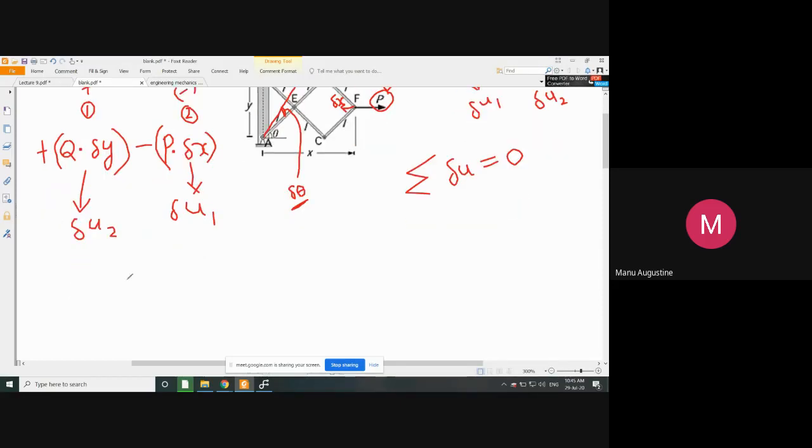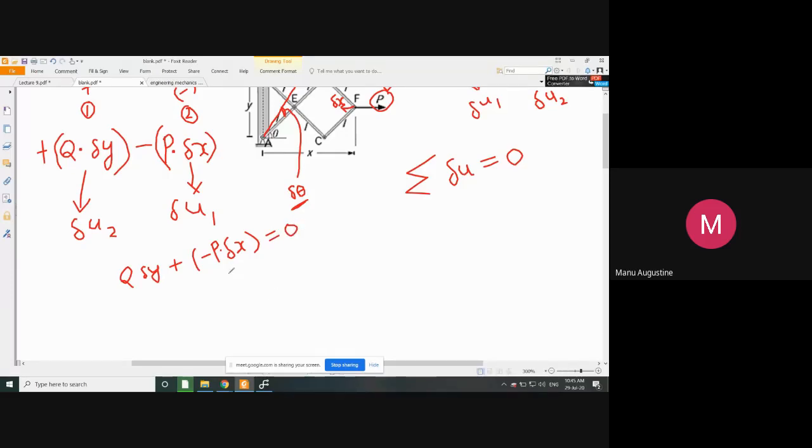So this is what you have to apply here. All you have to do is simply say that first virtual work Q into del Y, add it with the second virtual work, which is minus P into del X because P and del X are opposite to each other. The sum of these two must be equal to 0.